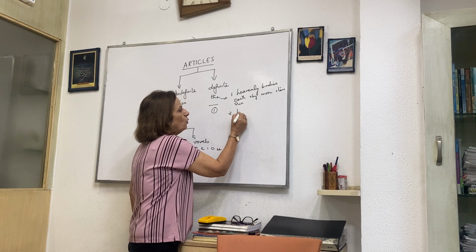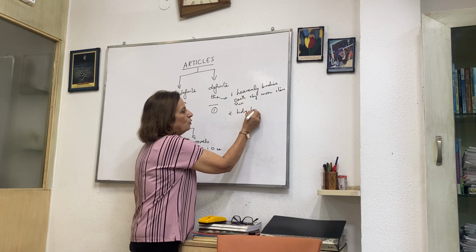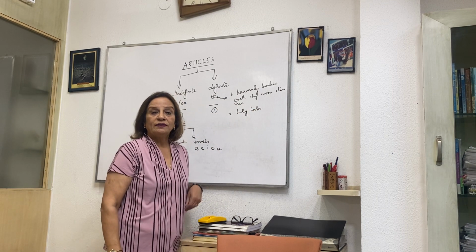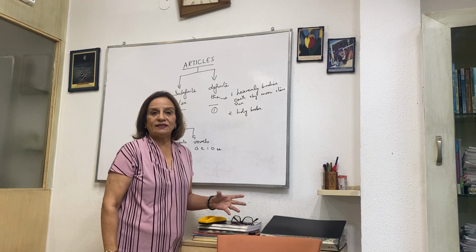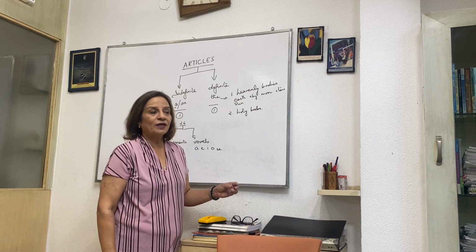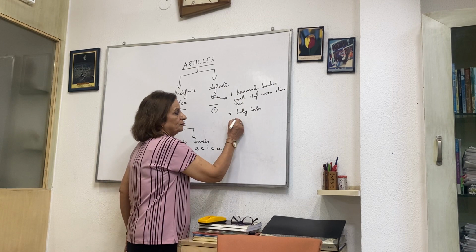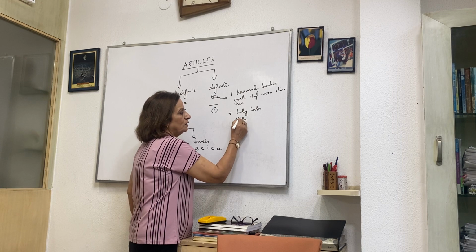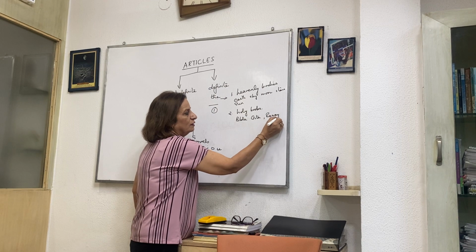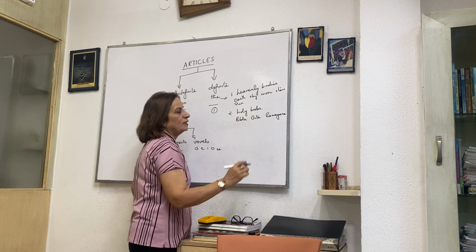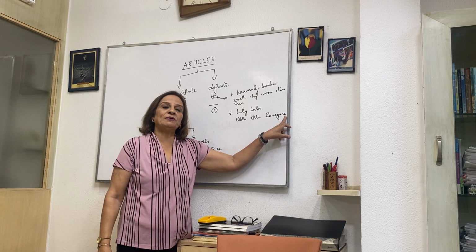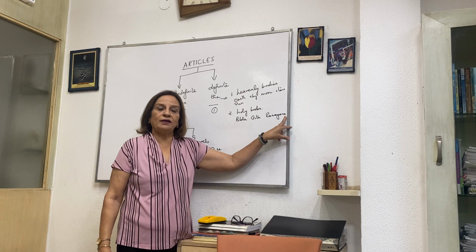Second, with all holy books we use the. For example, which are the holy books? The Bible, the Bhagavad Gita, the Ramayana, the Mahabharata, the Quran. These are all holy books. So we use the with them. In English we write Ramayana with an a at the end, but we don't say it that way. I have heard many people mispronouncing it.